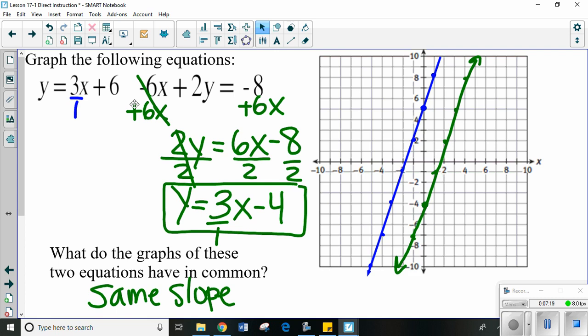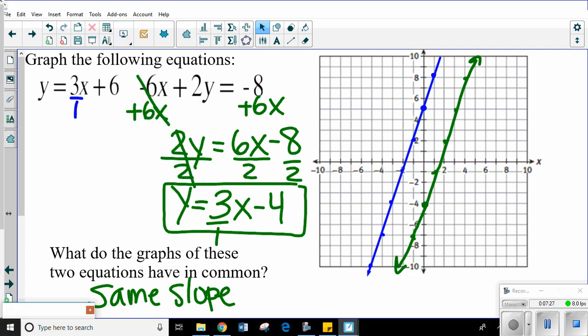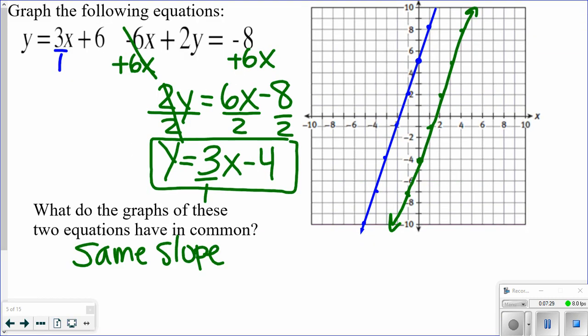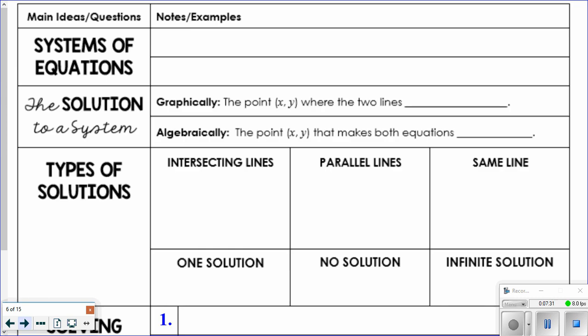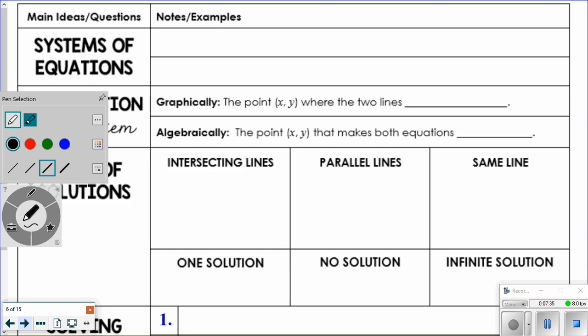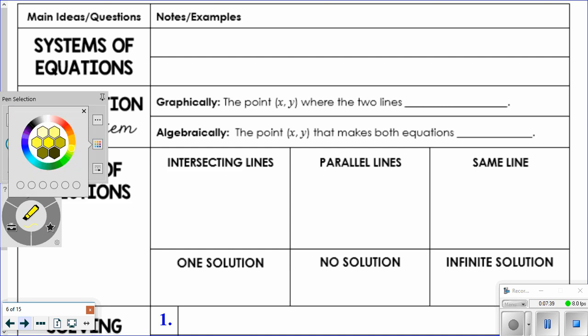Okay, so on your note sheet, we can start filling in our notes. So let's talk about systems of equations from activity 17.